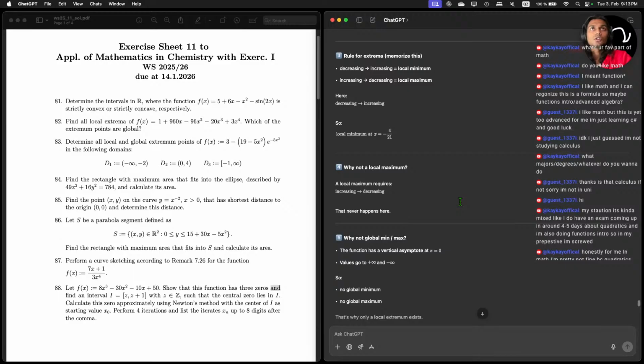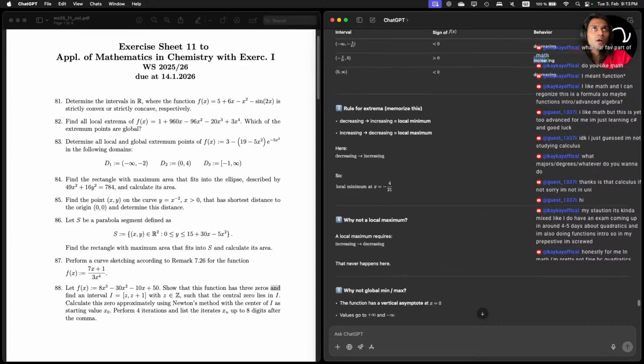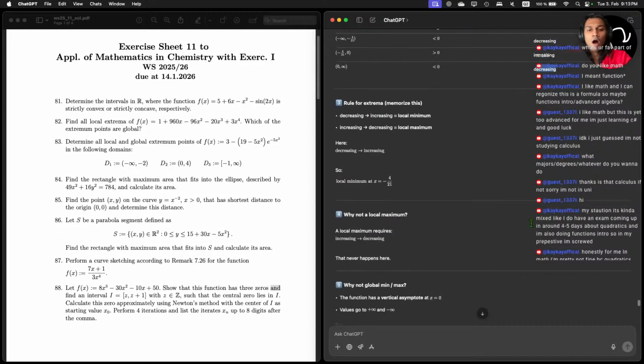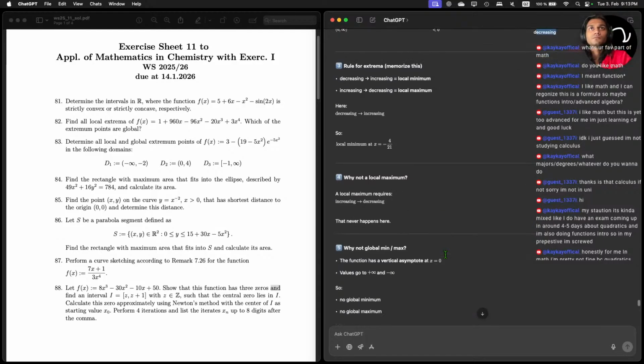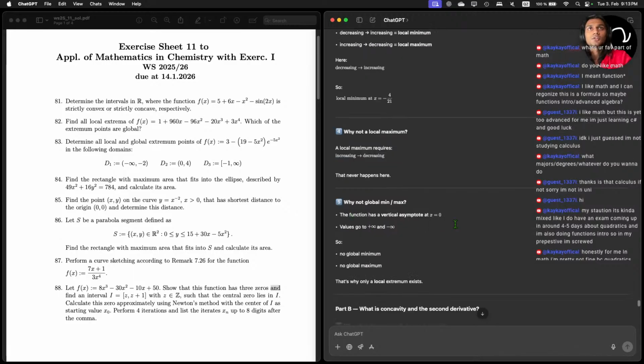Why not the local maximum? A local maximum requires increasing to decreasing. That never happens here. Why though? It happens here. What are you even talking about? Why not global minimum or maximum? The function has a vertical asymptote. Values go from plus infinity to minus infinity.